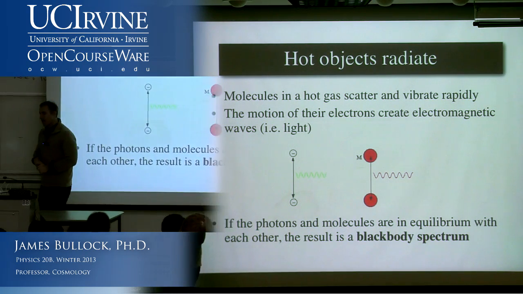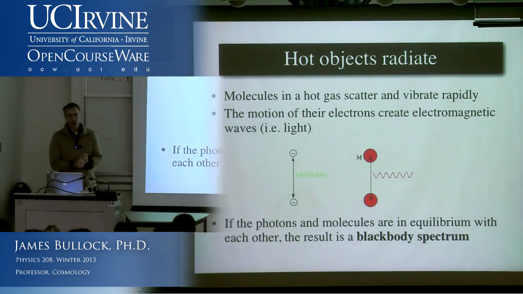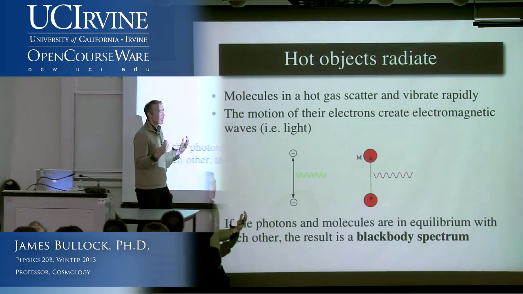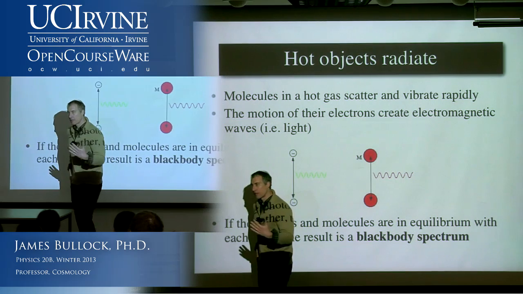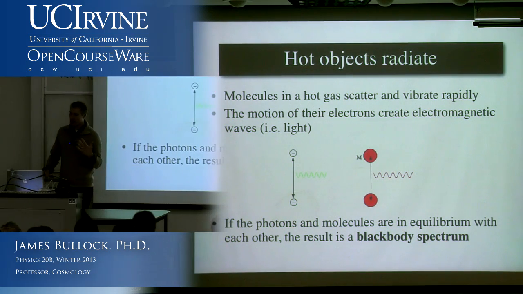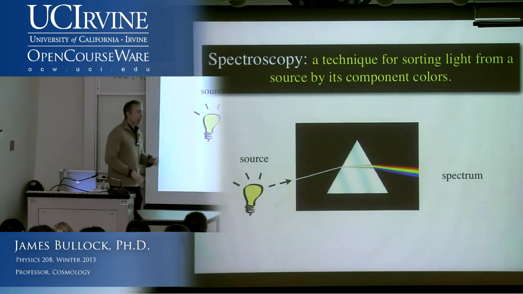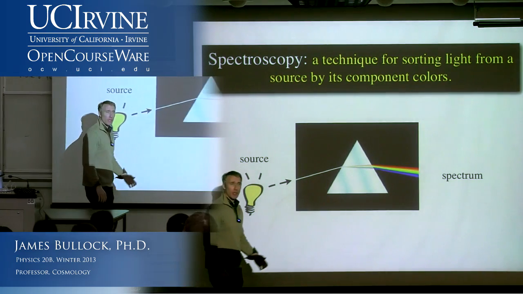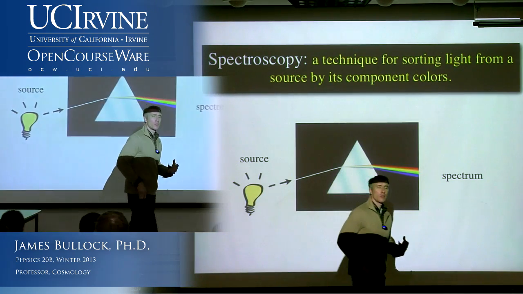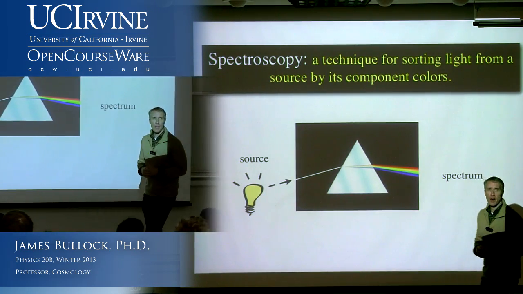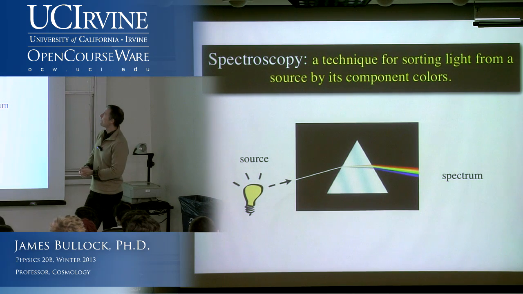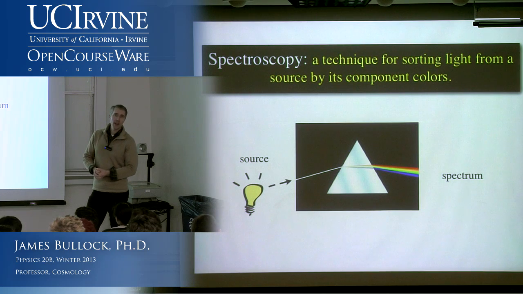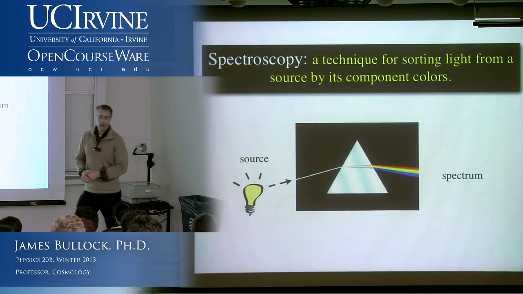Now, in order to understand, what are you even talking about in terms of a black body spectrum? What does that even mean? You have to back up a little bit and talk about this idea of spectroscopy. So spectroscopy is a way of studying light sources or things that glow by sorting that light into its component colors.